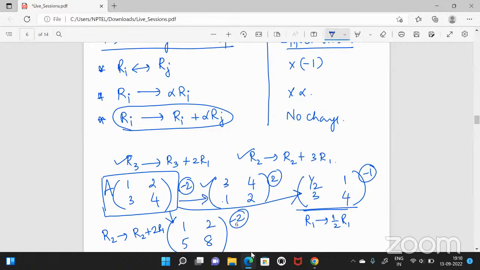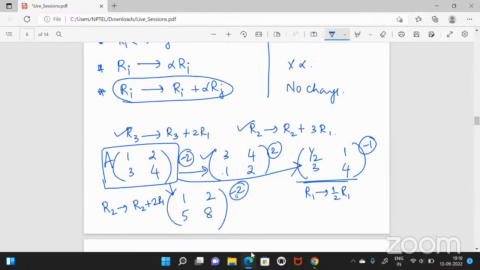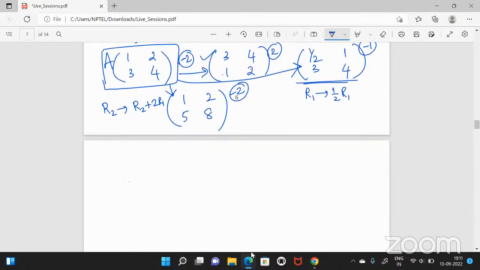Ma'am, how is it done in a 3 order matrix? It's the same concept. 1, 2, 3, 0, 1, 0, 0, 0, 1. Now, what is the determinant of this matrix? 1.